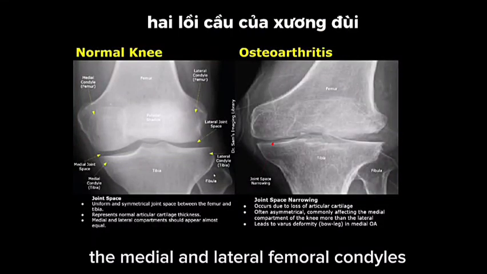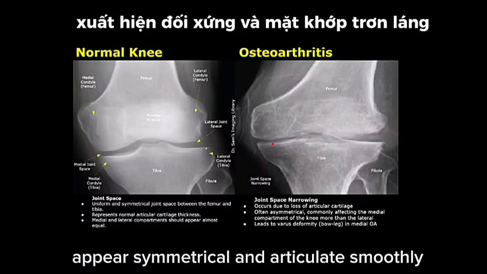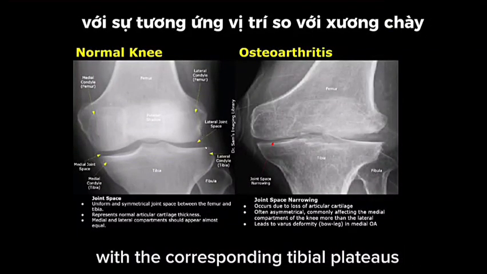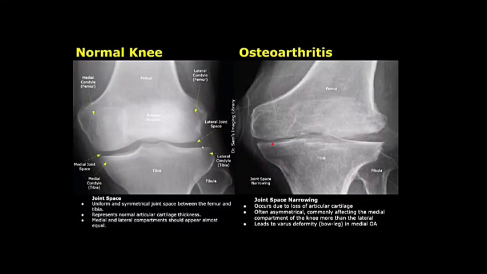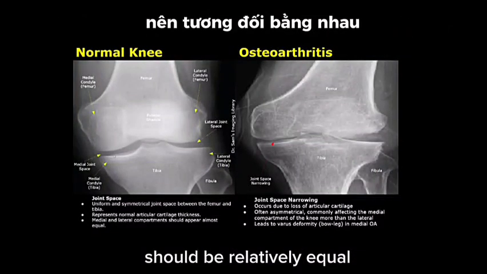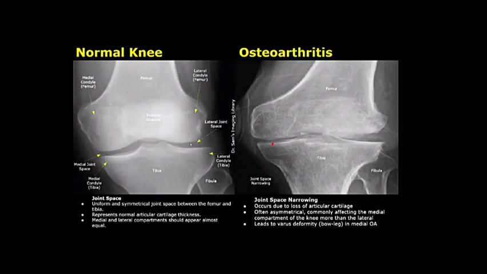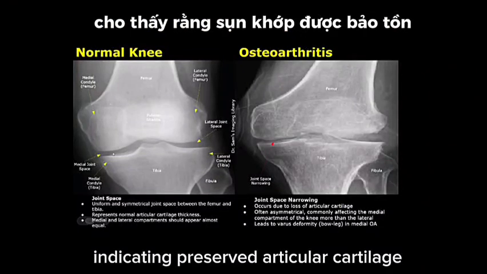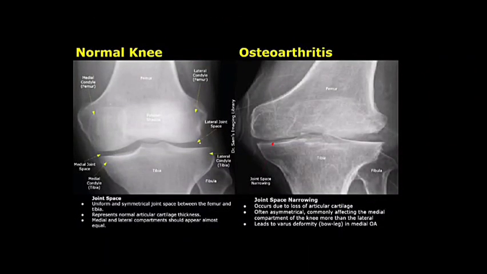The medial and lateral femoral condyles appear symmetrical and articulate smoothly with the corresponding tibial plateaus. The joint spaces on both medial and lateral sides should be relatively equal, indicating preserved articular cartilage.